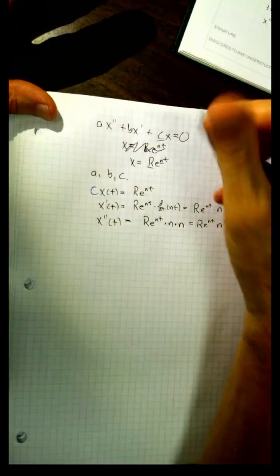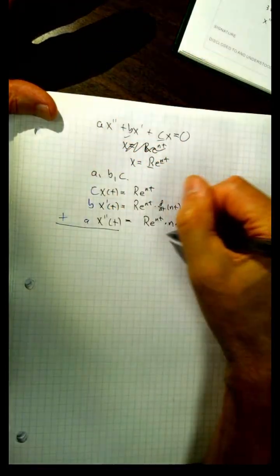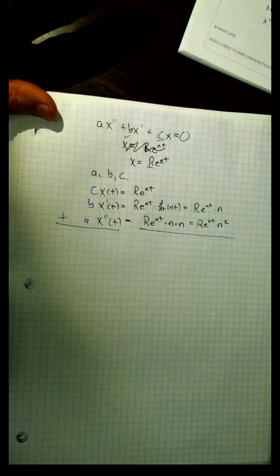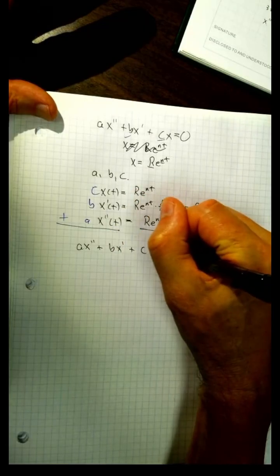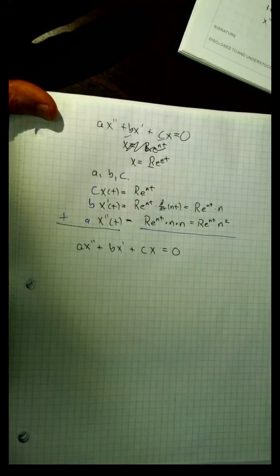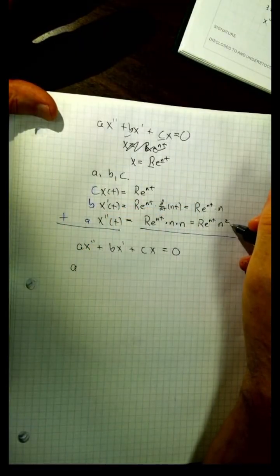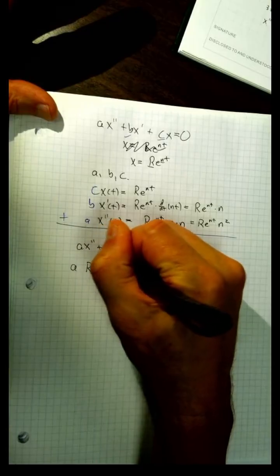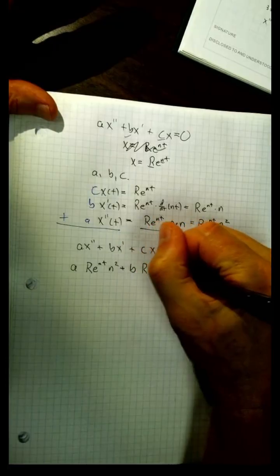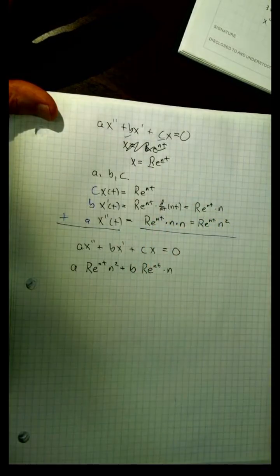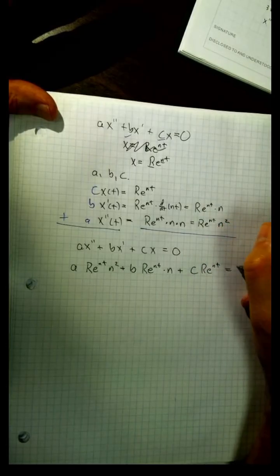So multiply that by c, that by b, and that by a, and add. So a x double prime plus b x prime plus c x has to be 0. Then a times x double prime is r e to the nt n squared, plus b times x prime is r e to the nt times n, and then c times x is r e to the nt, and the sum is 0.